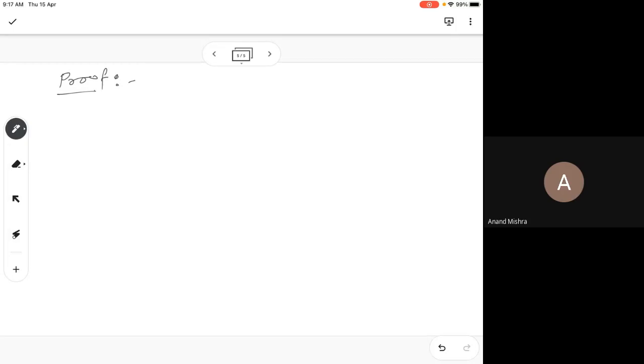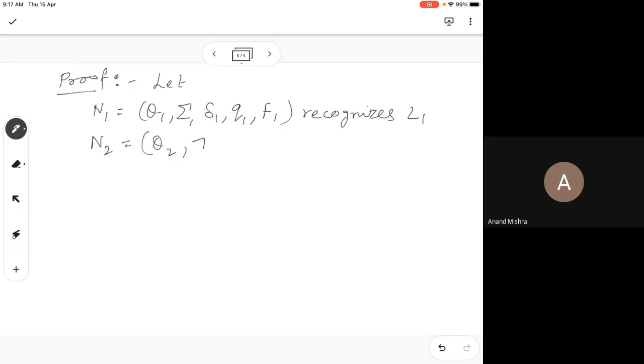Let N1 be (Q1, Σ, δ1, q1, F1), which recognizes L1, and N2 be (Q2, Σ, δ2, q2, F2), which recognizes L2.